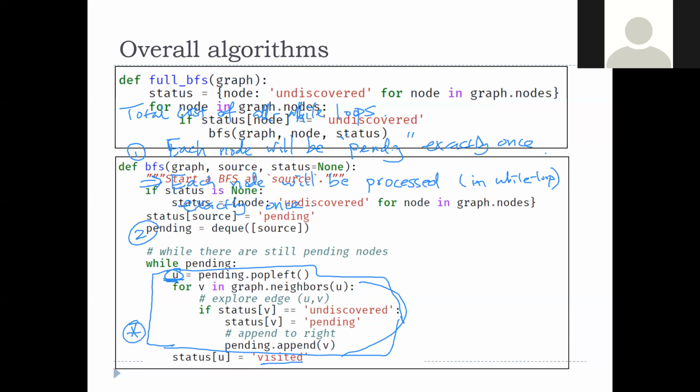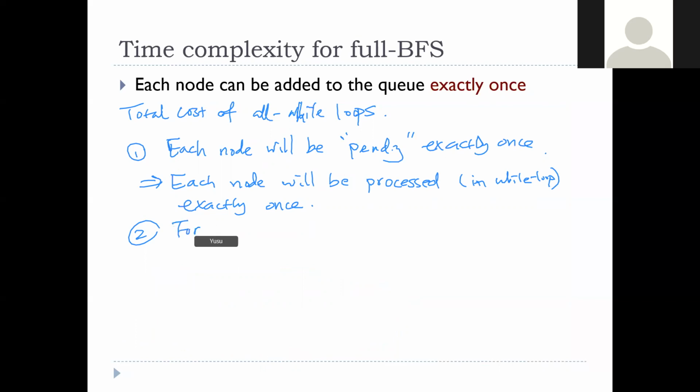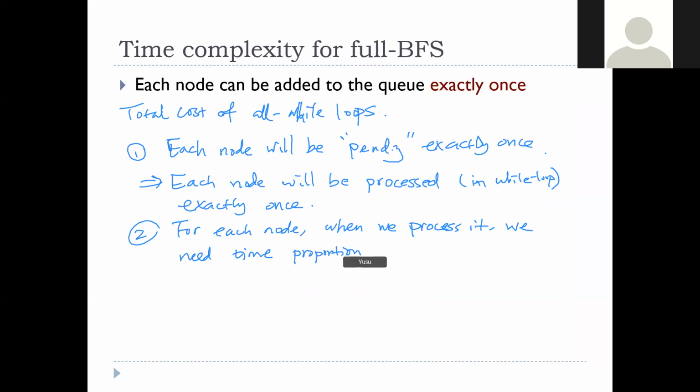In other words, we look at all the outgoing edges incident on this node U. Now, what that means is that for each node, when we process it, we need time exactly proportional to the number of outgoing (depending on whether directed or not) edges incident on U. That's what we do.